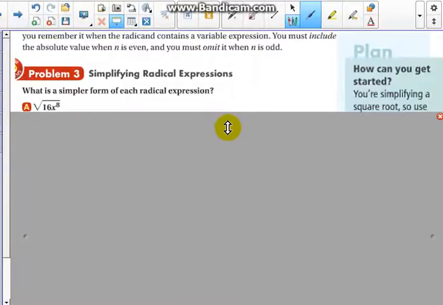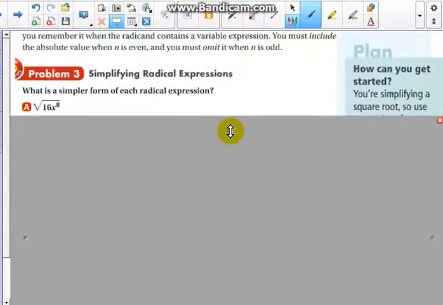What we need to realize is this is an even index, so our answer will be an absolute value. To solve these, because this is a square root, we have to get the things inside down to squares because we're trying to clear this radical sign.